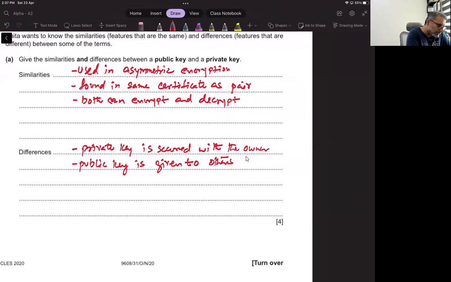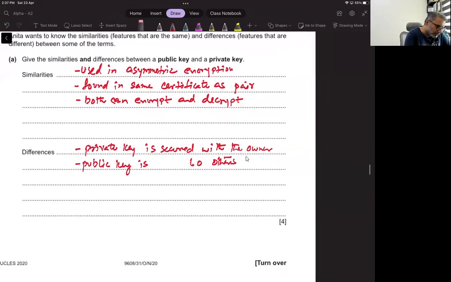Given is also called distributed. Let's call it distributed. Public key is distributed to others. I think that is enough.